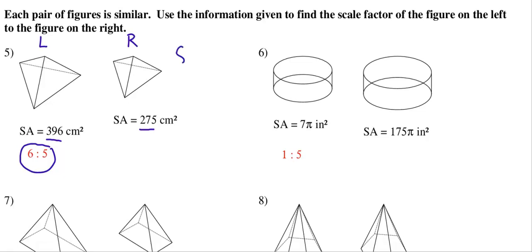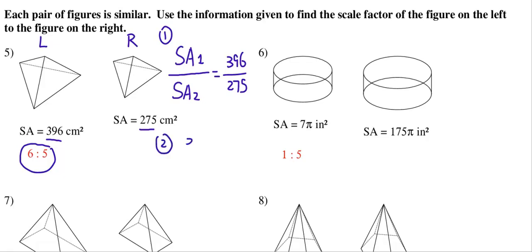We're going to use the surface area of the first one over the surface area of the second one, which is 396 over 275. So step 1, you write down like this. Step 2, you look at 396 over 275.